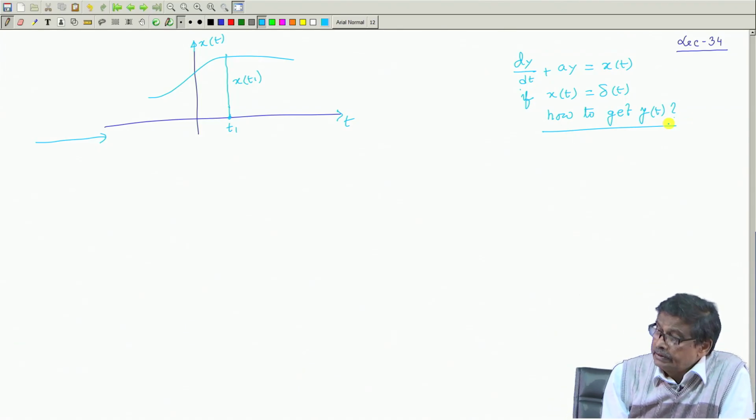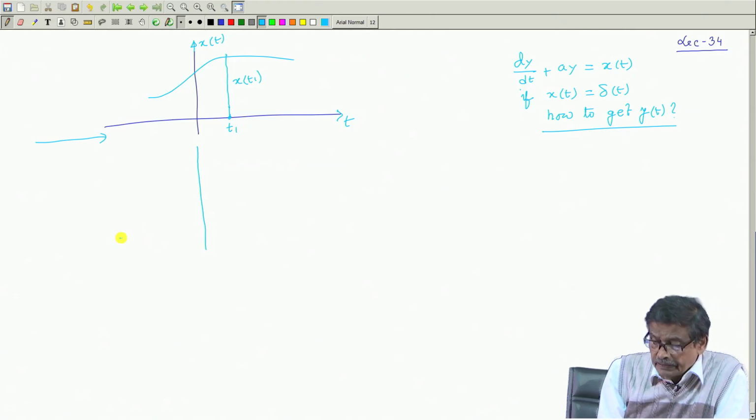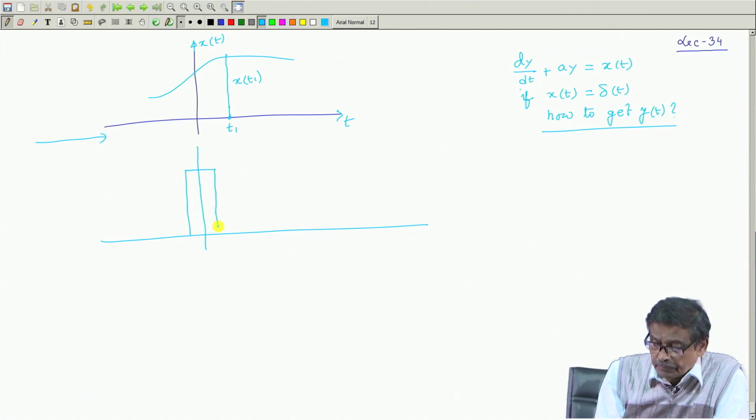To tell you about that, reviewing whatever we learned last time: suppose you have a rectangular pulse, and this point is minus h by 2 and this point is plus h by 2.